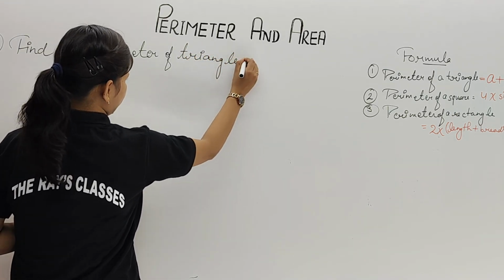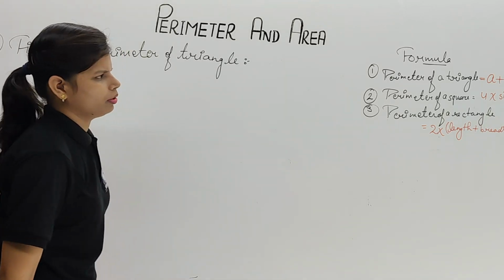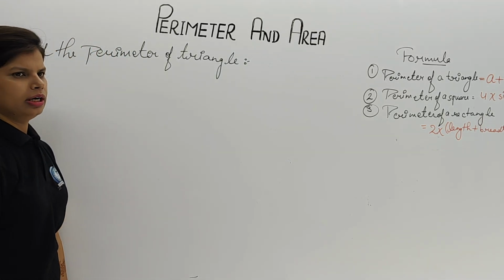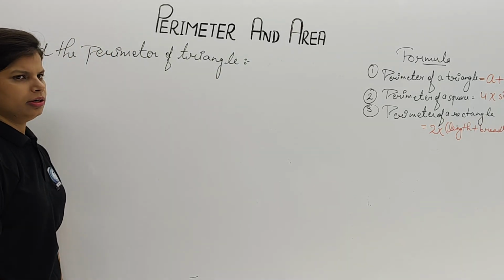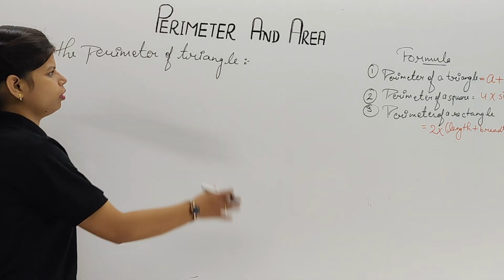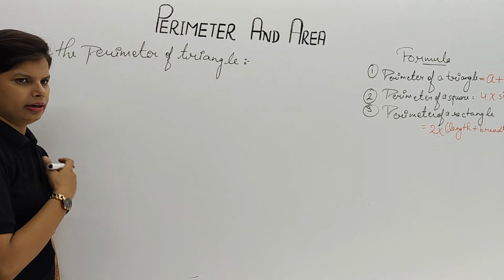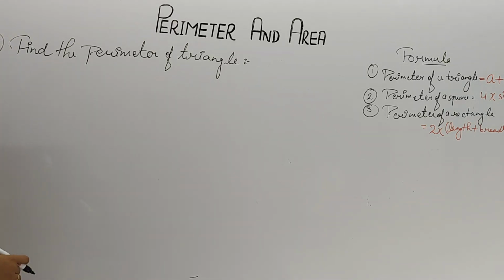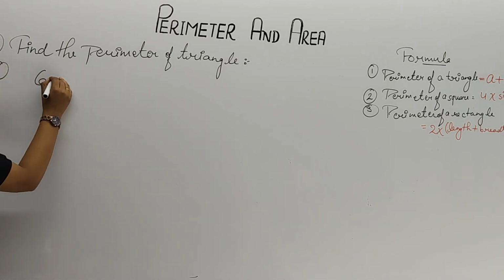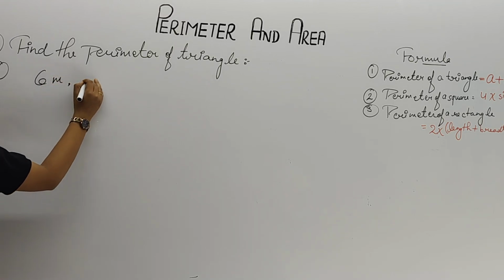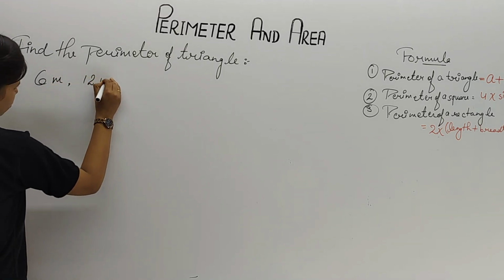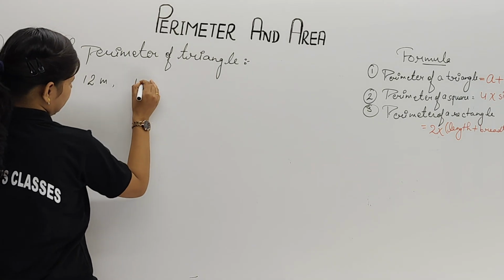So once we are dealing with this, we have to focus only on the formula for perimeter of triangle. Clear? We are going to discuss perimeter of triangle. Now, our first question is, we have, like, if a question is given 6 meter, comma, 12 meter, comma, 10 meter.